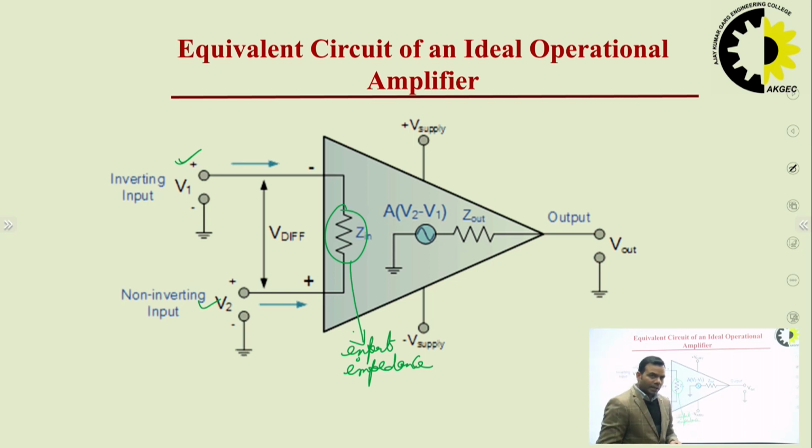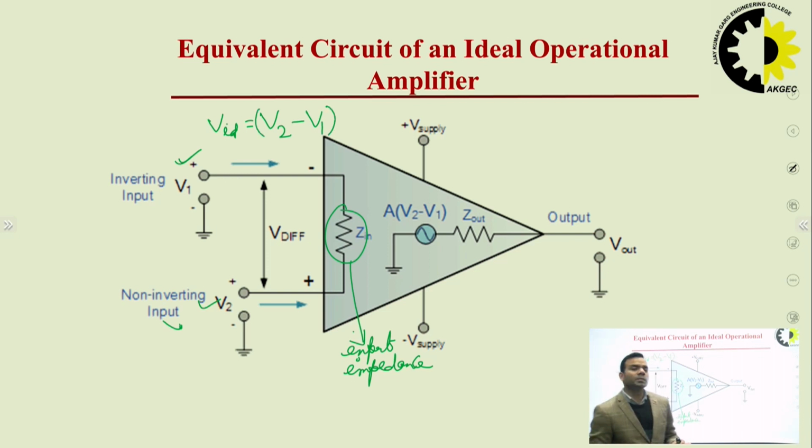As this is the amplifier, this device will amplify the inputs, and more correctly I should say that this device will amplify the difference of inputs. One input is V2, another input is V1. So differential input VID will be whatever input we are applying on positive terminal, that is non-inverting, denoted as V2, and input we are applying on inverting terminal, that means negative terminal, will be V1.